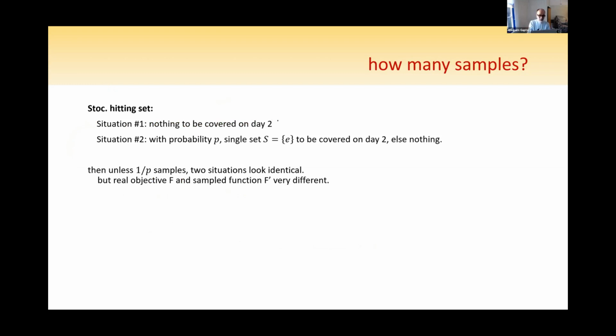Here is situation 1. Nothing needs to be covered on day 2. The second stage is 0. And the other situation is with some tiny probability, a single set needs to be covered on day 2. So if you wanted f and f prime to be close to each other, you better get this scenario.